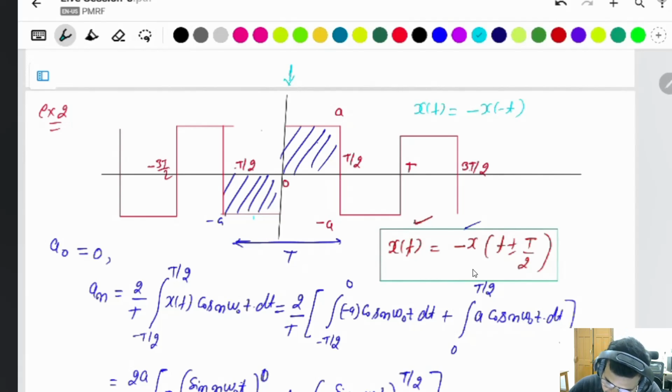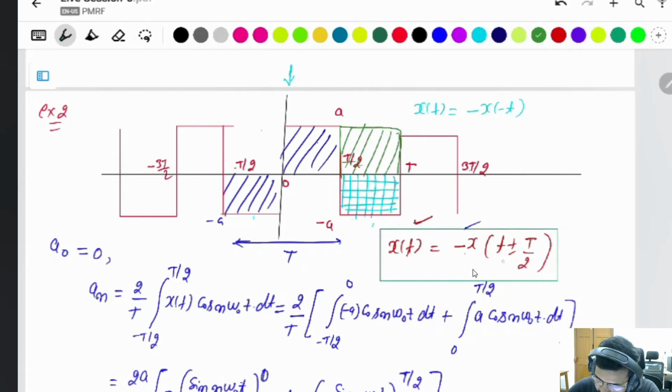Suppose I have taken this block. What happened? This is negative there. It means the magnitude will change, and this will go to the upside. It means the same block goes to the upside because of the negative here.